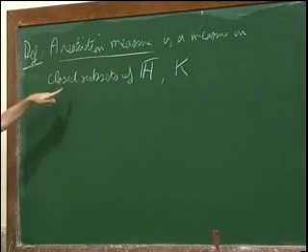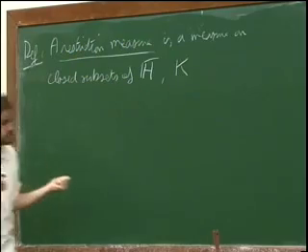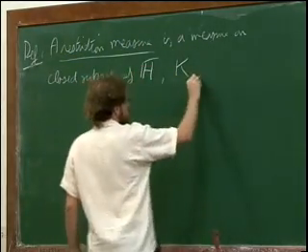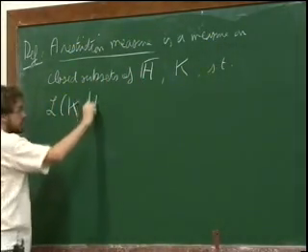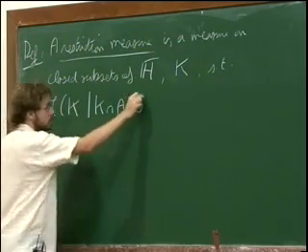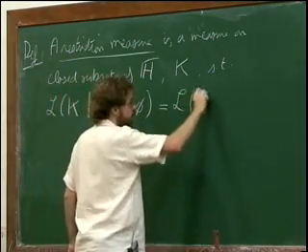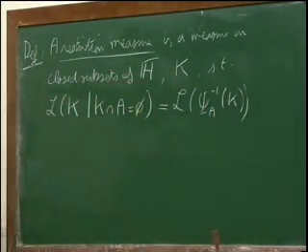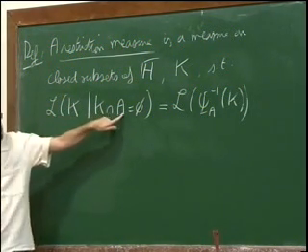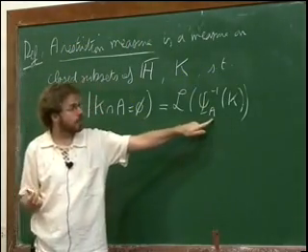It's a random closed set, but the distribution is supposed to satisfy the restriction property, such that the law of K, given that K avoids A, is the same as the law of psi A minus 1 of K. That's just saying that K conditioned to avoid a set is the same as K in the complement of this set, but you define it by conformal map already.